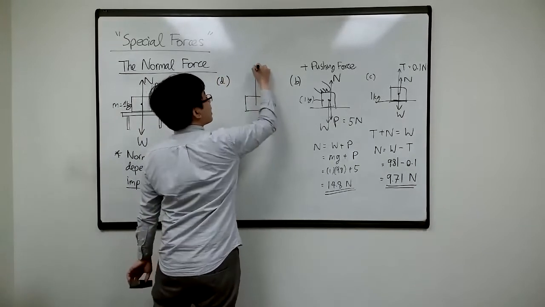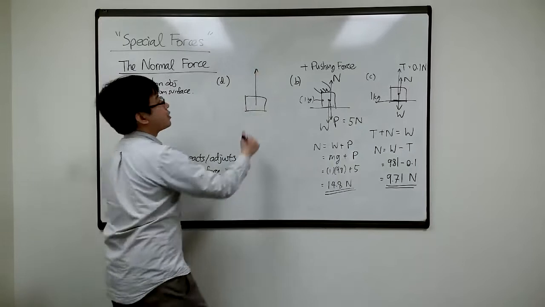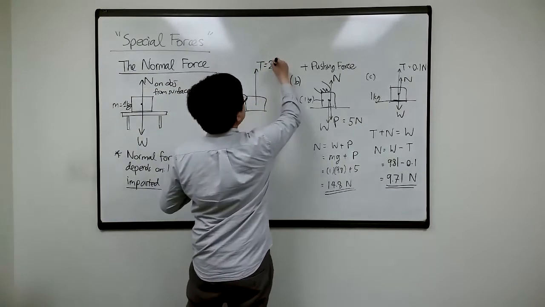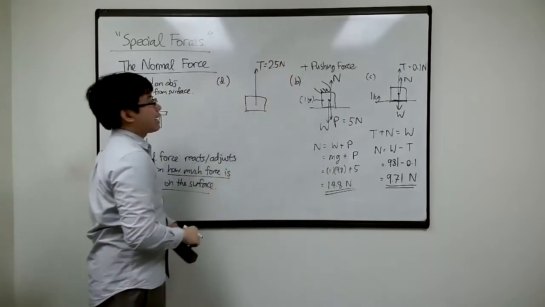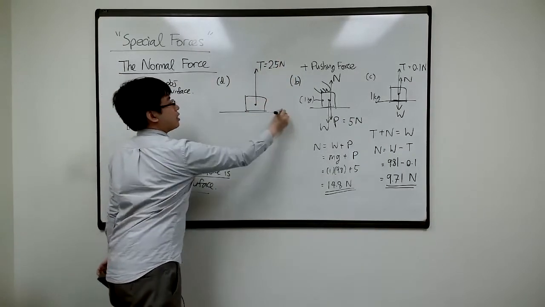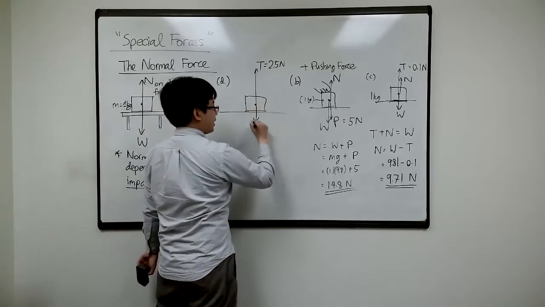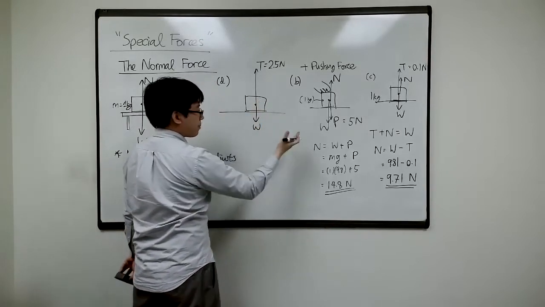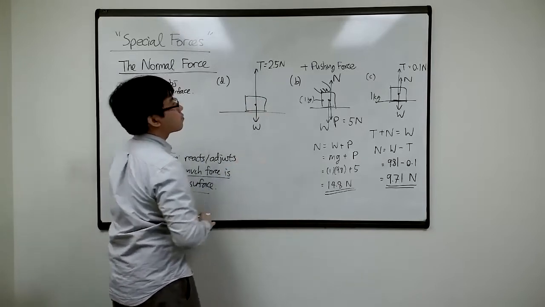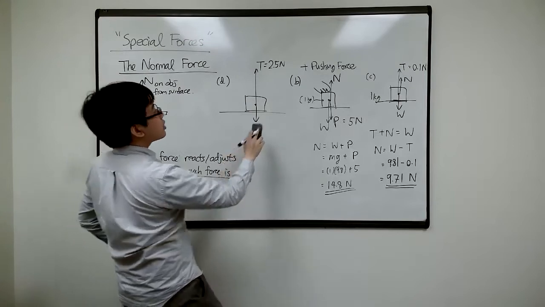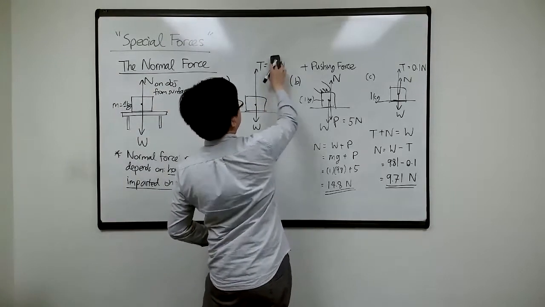If I start pulling this with a tension of, let's say, 12 newtons, what's the weight? Well, the weight is still going to be the same. I need to make that tension larger than the weight.